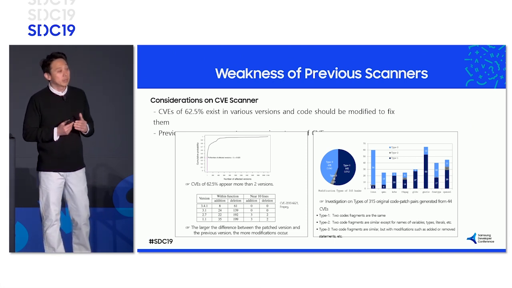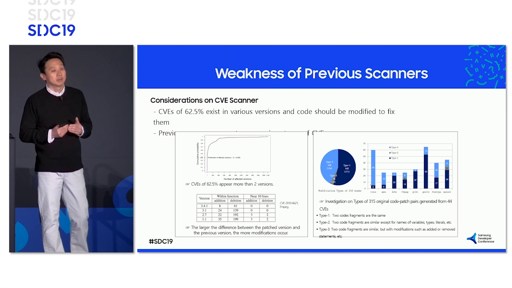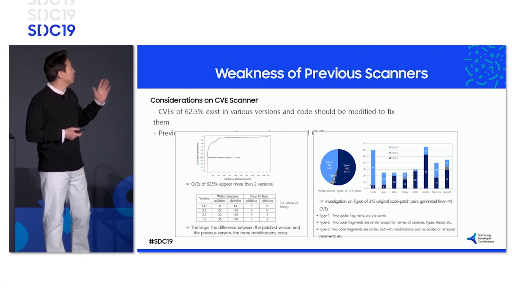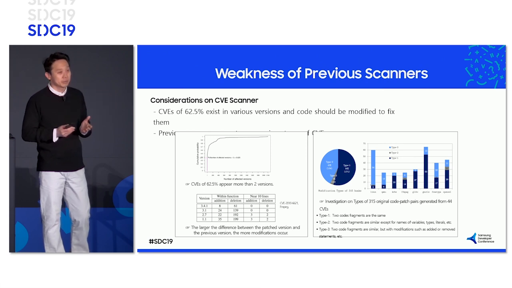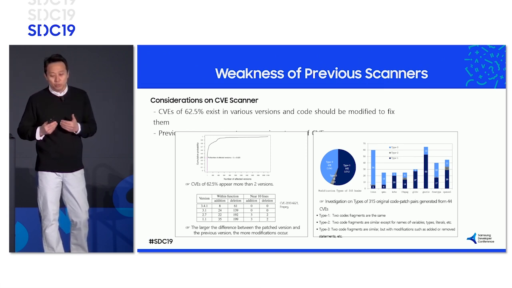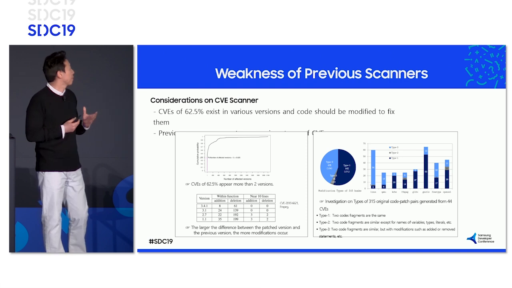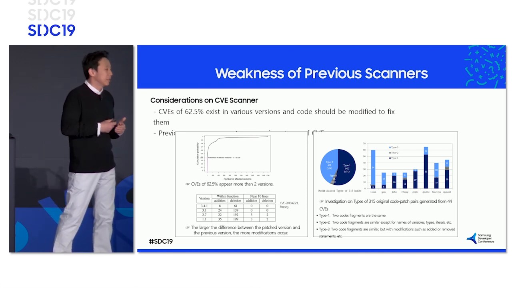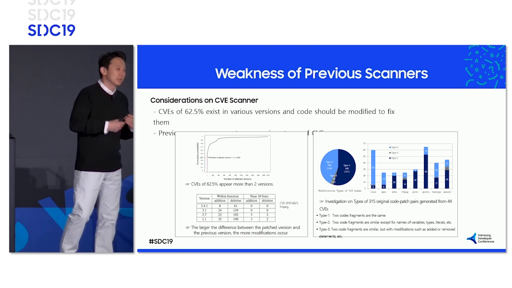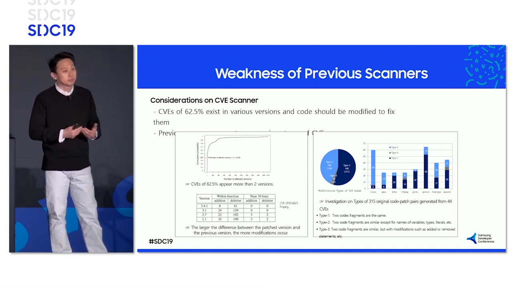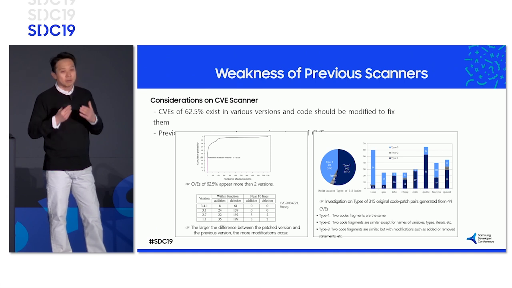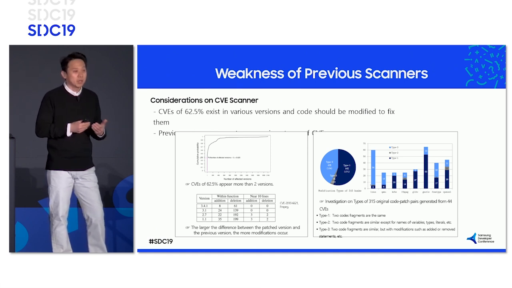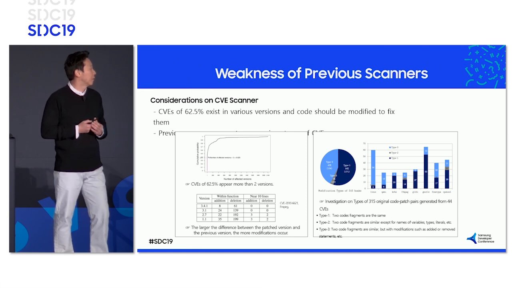So their solutions have high false positives because many CVEs exist in various versions and code should be modified to fix them. And when we did the algorithm analysis, our code cannot cover the modified version or mixed vulnerability in our code.